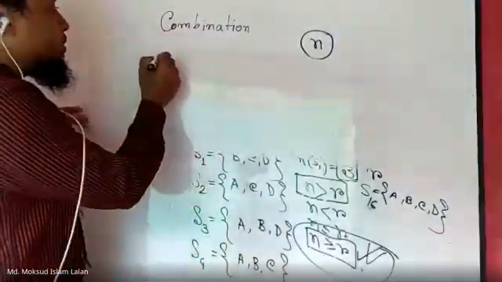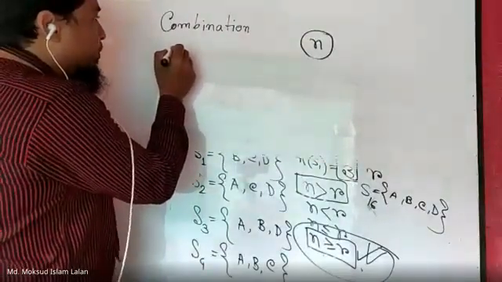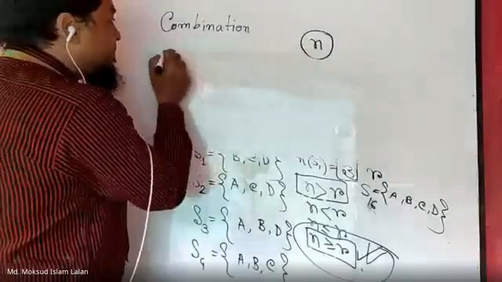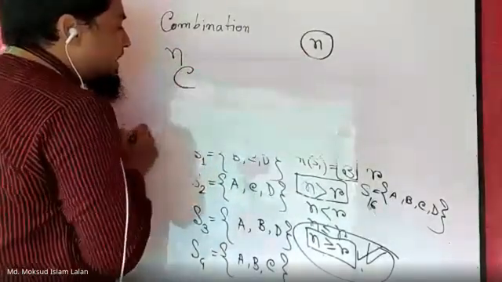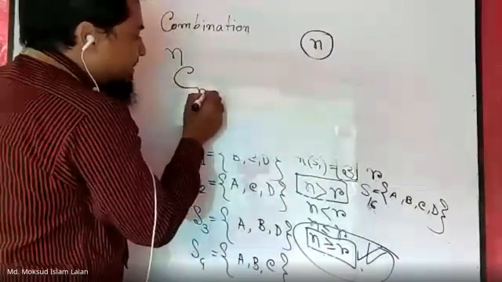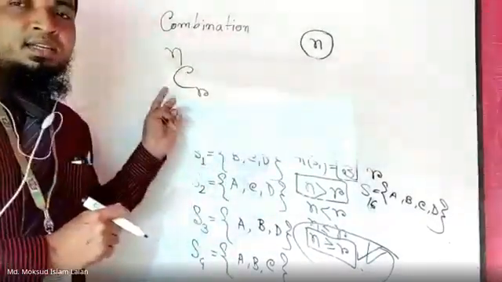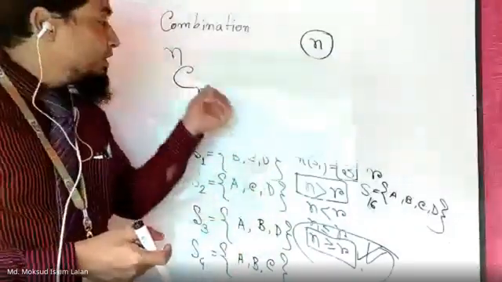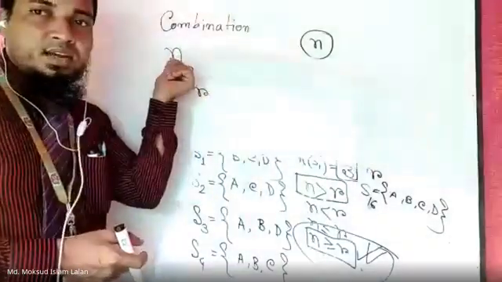So we are writing something like this because we know this is the combination in our total set of n elements. We want to make a relation or combination with r elements. Do you understand? So we want to make a relation by choosing r elements from n elements, right?